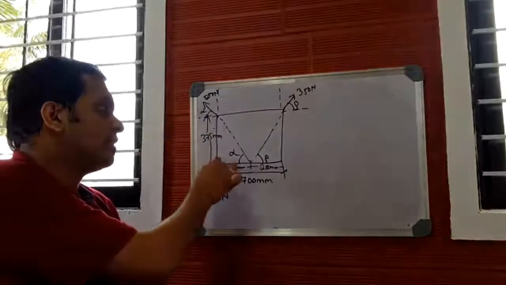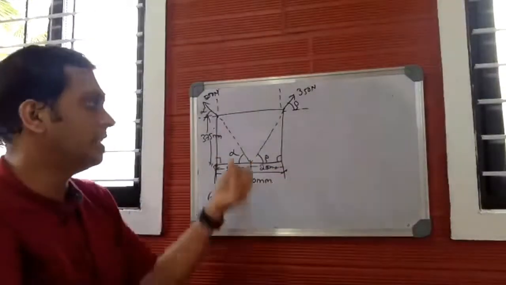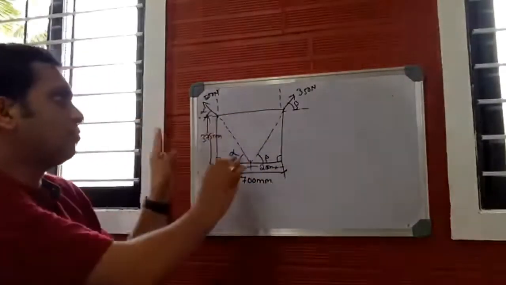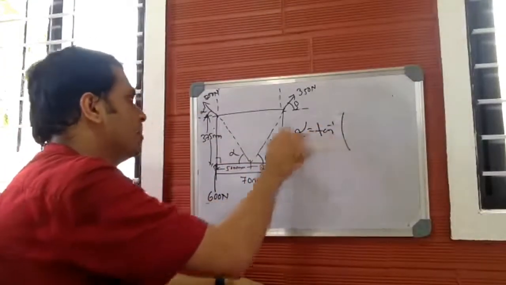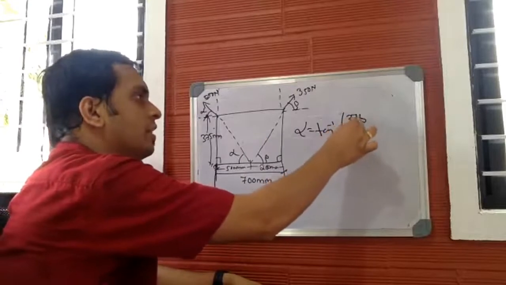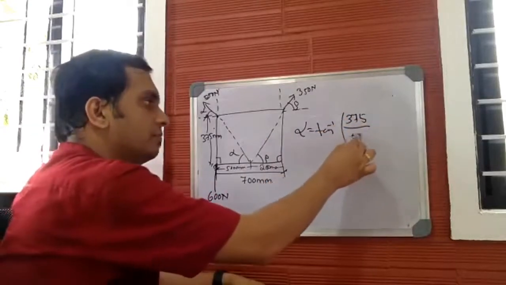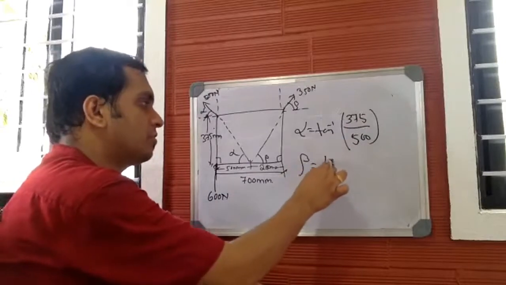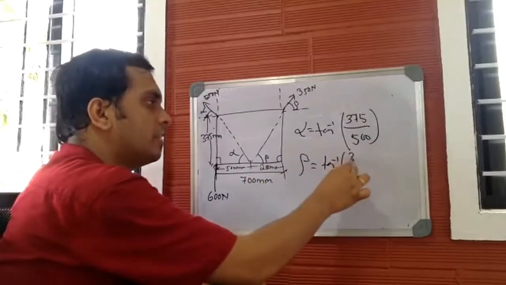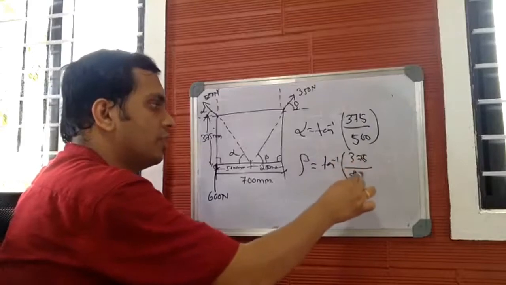If you consider this as a right angle triangle, and this as one more right angle triangle, you can easily find the value of alpha. So if you go through the drawing, alpha will be tan inverse 375 by 500. And beta will be tan inverse 375 by 200.